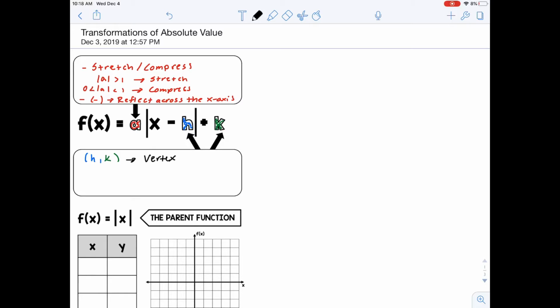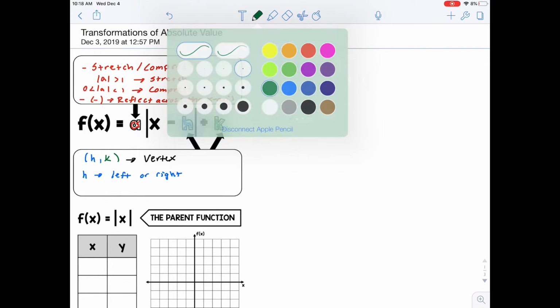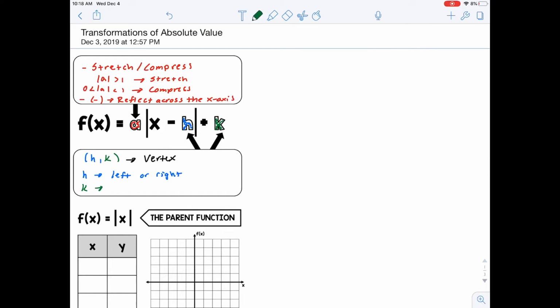And also as far as transformations, the h value is going to move it either left or right. And when we change the k value, that's going to move the graph up or down. If it's positive, it'll move up. If it is negative, it will move down.